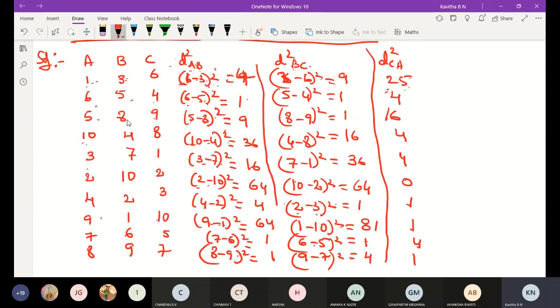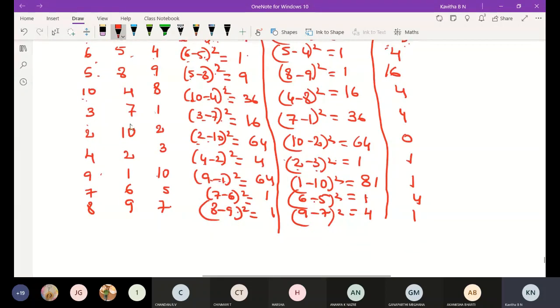Then next step, summation of d square find out. Okay, summation of d square ab and also summation of d square bc and the summation of d square ca.